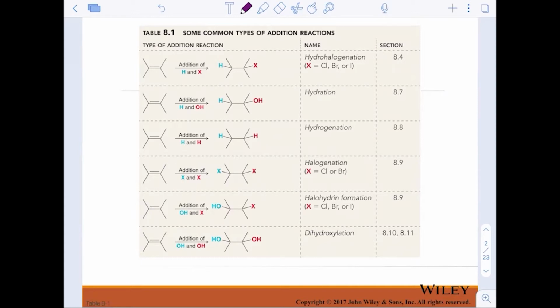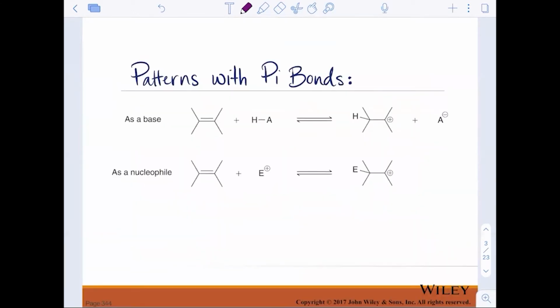Notice here what is highlighted blue and red, and then be able to work with that type of reagent and say, well, what kind of a reagent is it? Does it go through a carbocation? Is this a concerted reaction? Things that we have seen before. They might look slightly different here in the addition because of the type of reagent we have with that alkene. But we're going to have some fun.